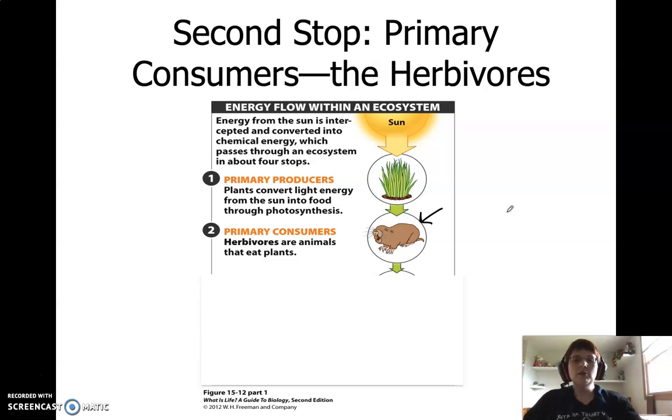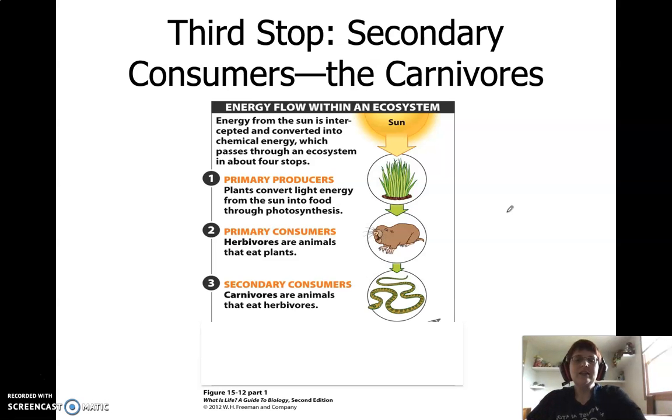Then that little primary consumer is going to get eaten by a secondary consumer, also known as a carnivore. So carnivores are animals that eat herbivores. So in this case, we've got our little snake. And so that snake is going to come along, eat our little rodent, and the energy is going to get transferred.